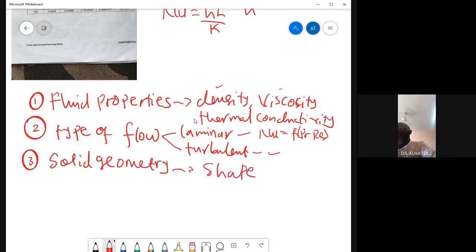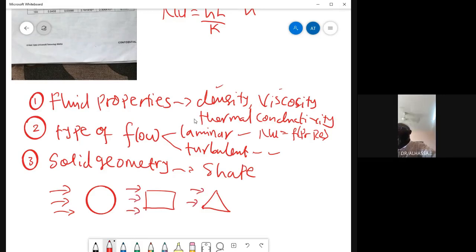So if I have, let's say, a circular shape like this, a rectangular shape, and a triangular shape like this, and air flows across them, I think I have cited this example before. The temperature of the air is T infinity, and the velocity of the air is U infinity. The same velocity flows across these surfaces.